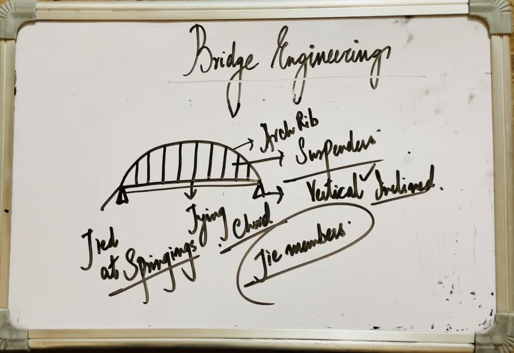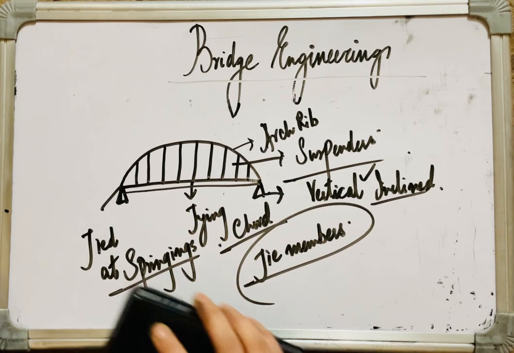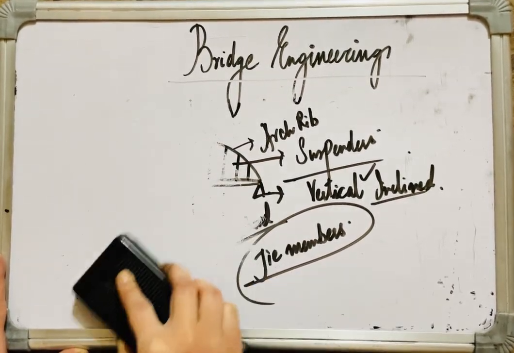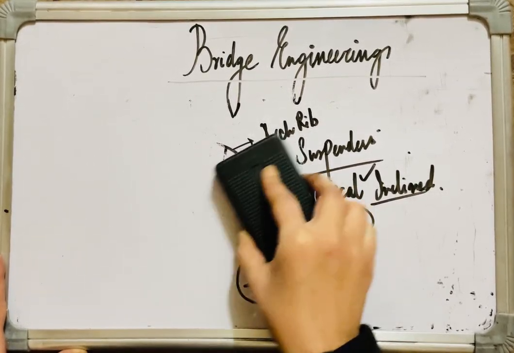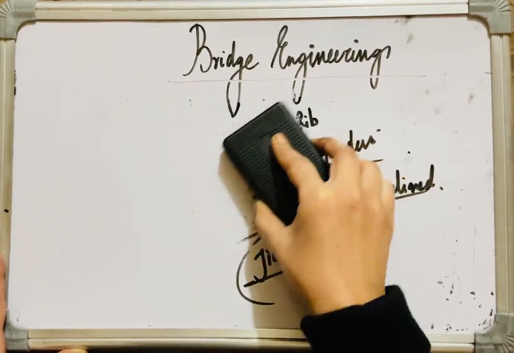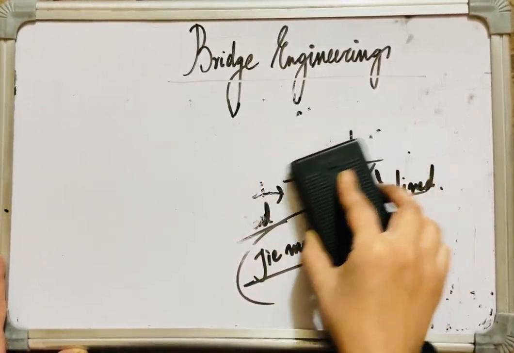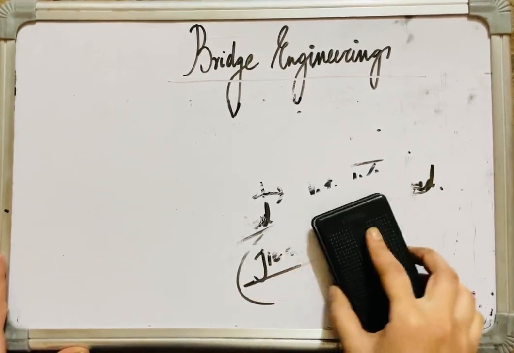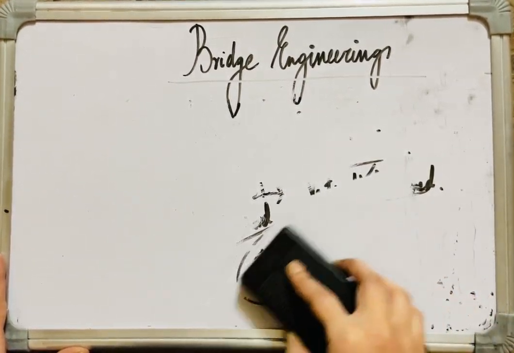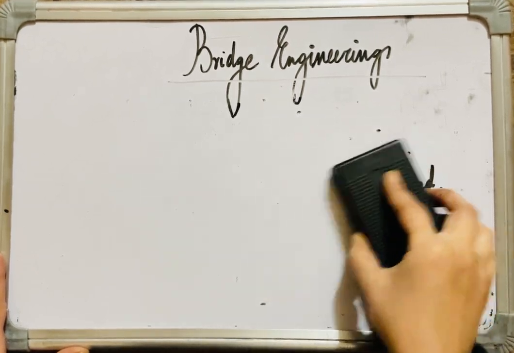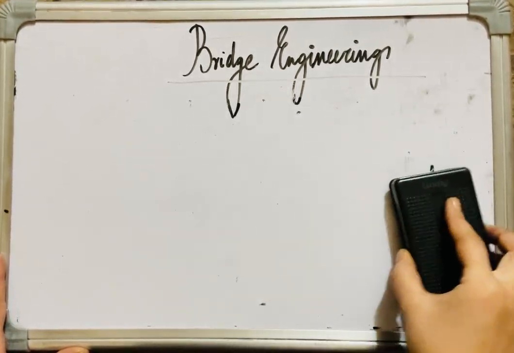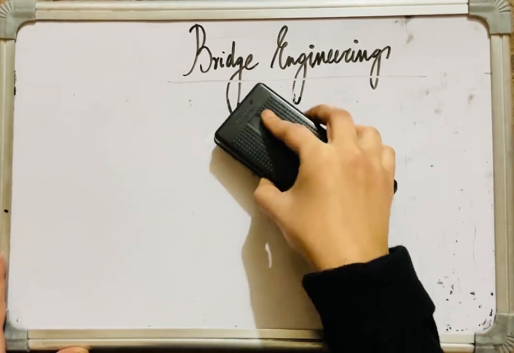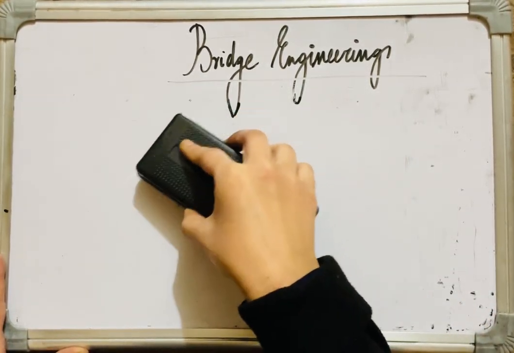So the question of accommodating the rise between the springing level and the formation level of the road does not arise in case of these bridges, so this advantage particularly makes them quite suitable for all those areas where the available vertical clearance is quite restricted.